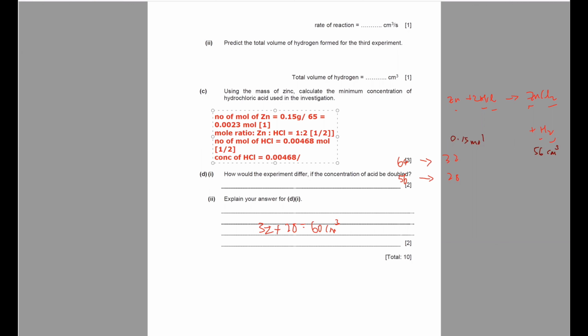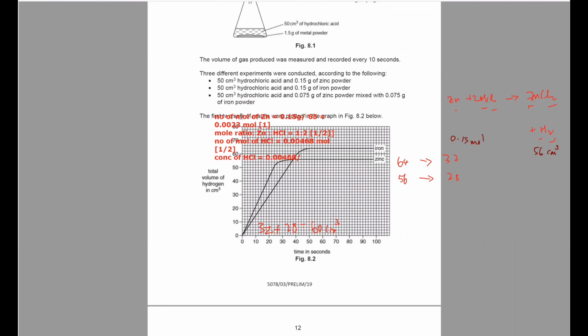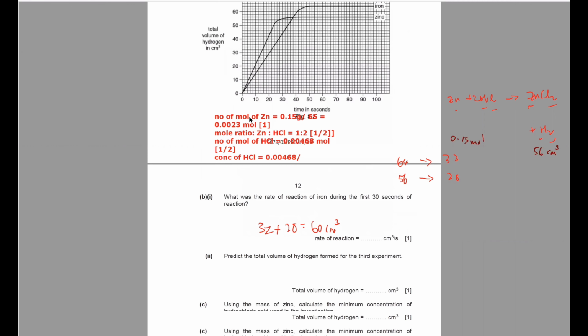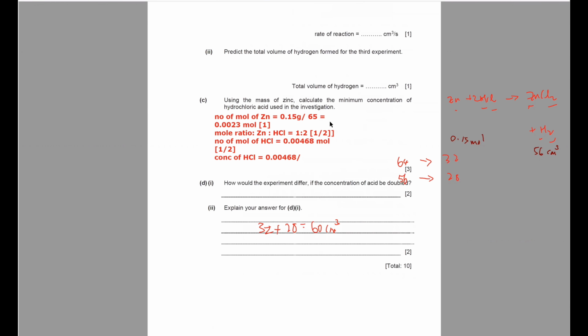Just now we said the volume of acid is 50, so 50 means it's 0.050 dm cubed. So therefore it becomes 0.0936 mole per dm cubed. Like that.